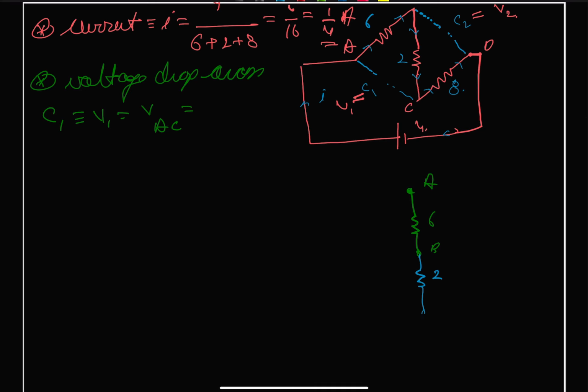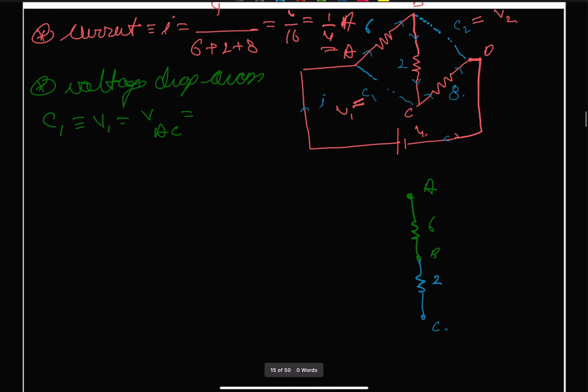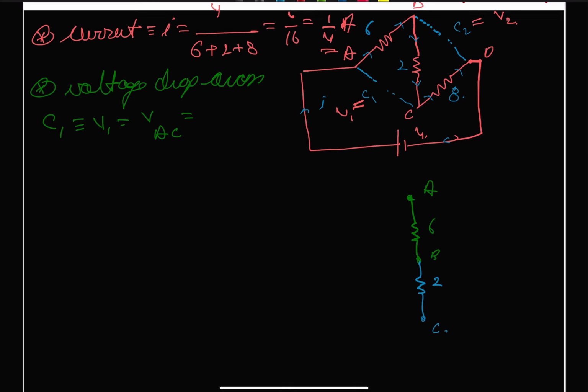Our capacitor C1 is connected across A and C. So here we have C1, which we said will be equal to our V1 voltage drop.